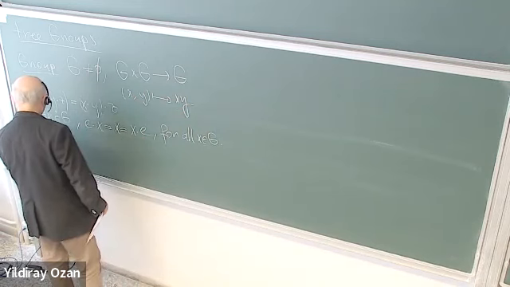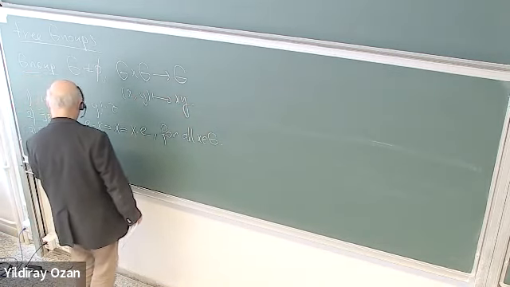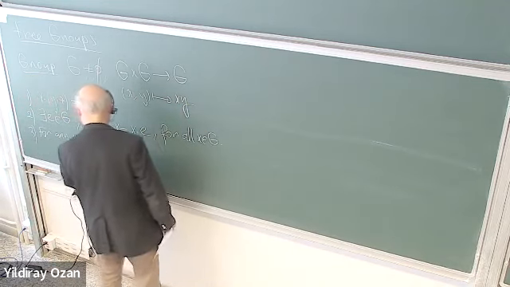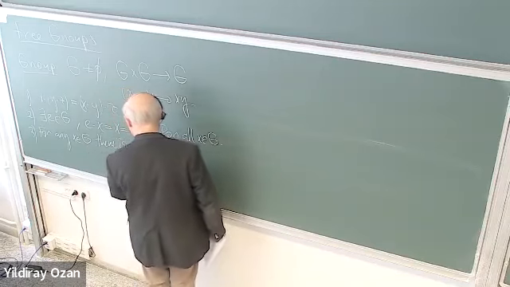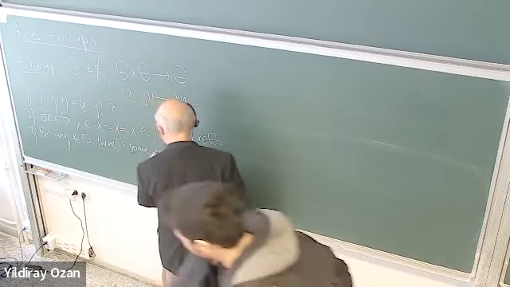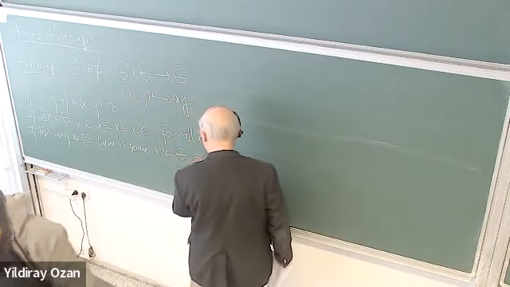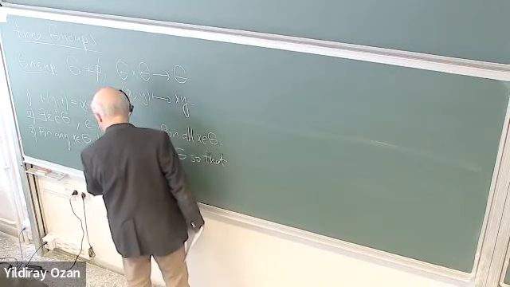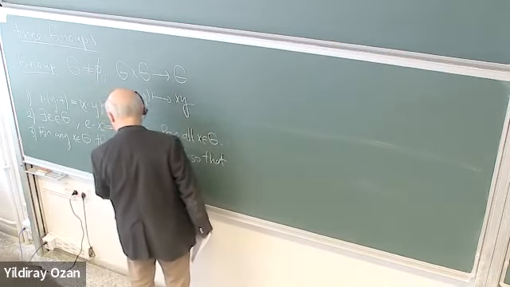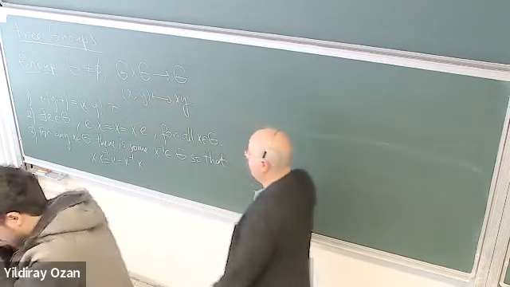So for any x, there is some x inverse in G, so that x times x inverse and x inverse times x is equal to e.